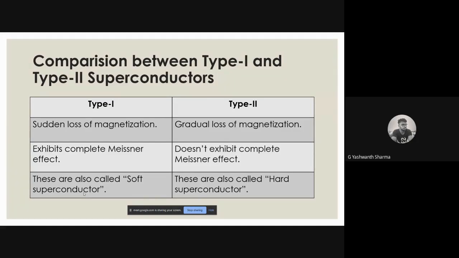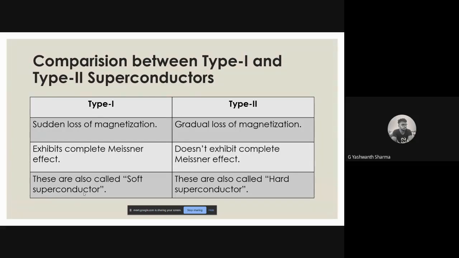Because of the abrupt transformation in type 1 superconductors, we have a less critical magnetic field. That is why they are called soft superconductors. And on the other hand, type 2 superconductors require a large magnetic field to destroy the superconducting properties. So they are called hard superconductors.